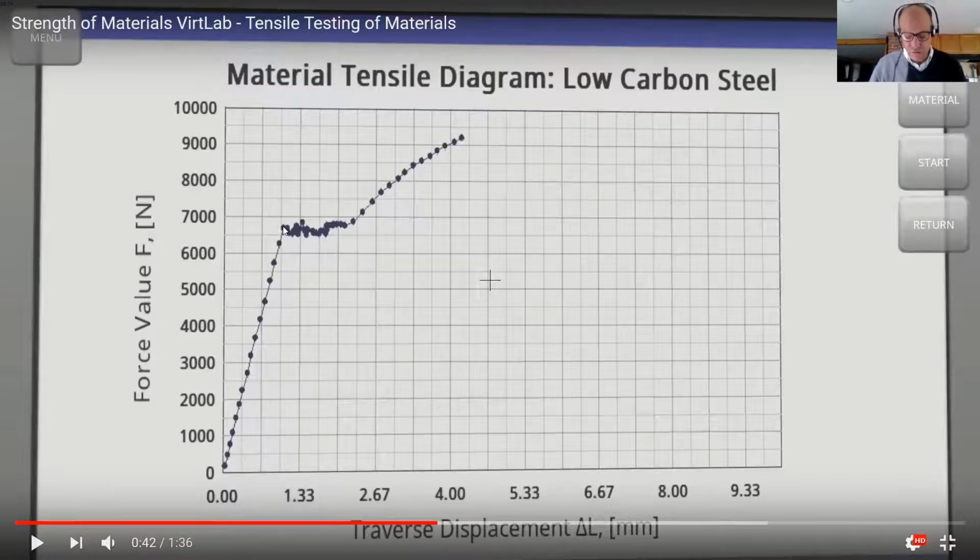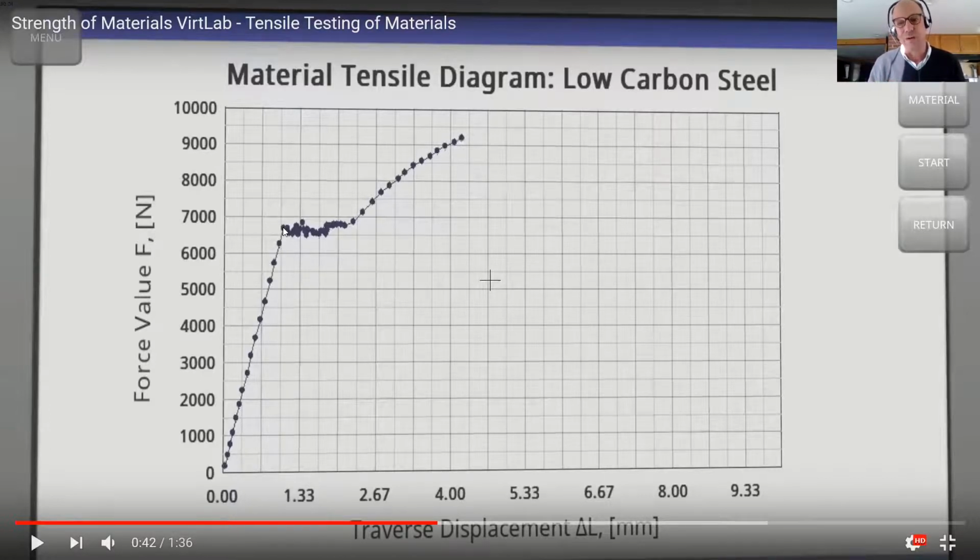Okay, so 500 megapascals is the maximum stress, I shouldn't say maximum, but the yield stress, right at the point where it finishes the linear elastic range of the stress strain diagram, or in this case, what we're looking at is a force displacement diagram, aren't we?